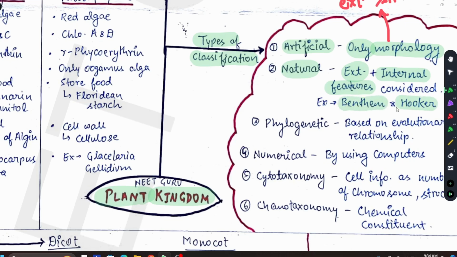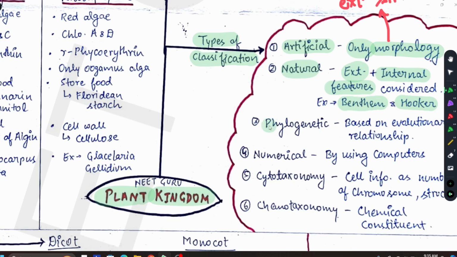Bentham and Hooker are two scientists. They gave classification of the flowering plants, also known as angiosperms, and this classification was a type of natural system of classification, because they considered external as well as internal features.